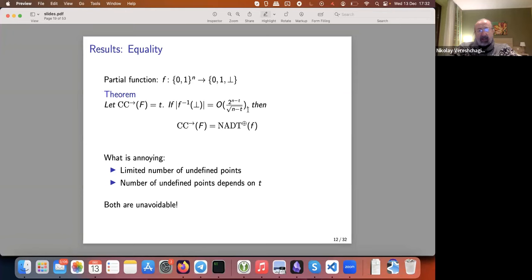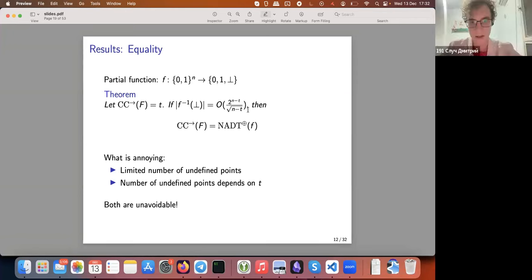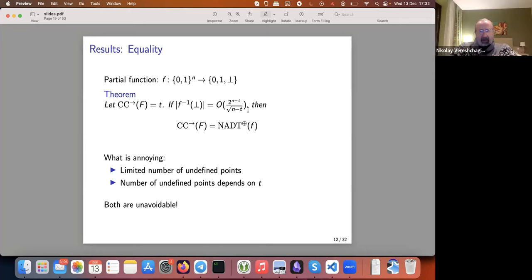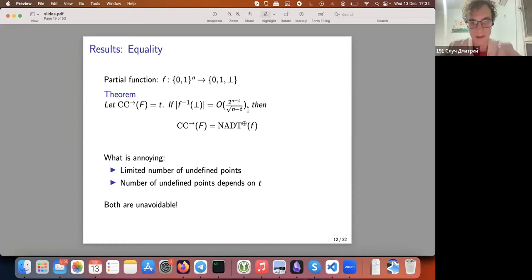And now you want to explain that you can't strengthen this result. I mean, you write that both are unavoidable. It probably can be strengthened, but the number of points is still limited and it still has to depend on t.